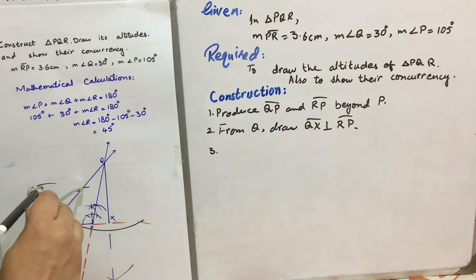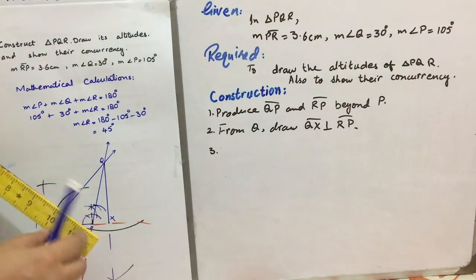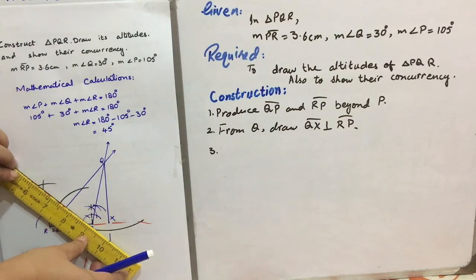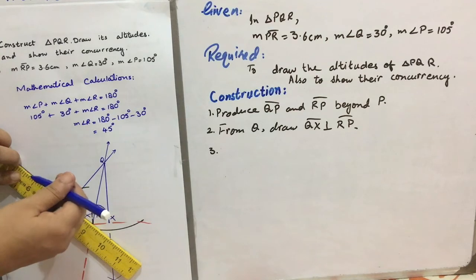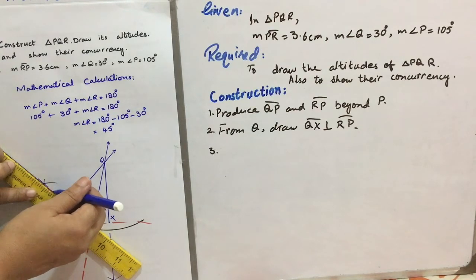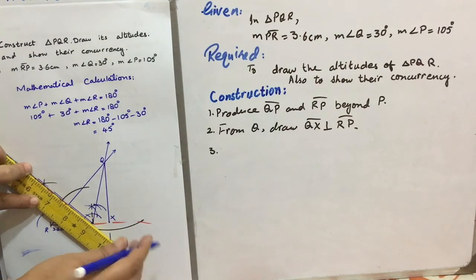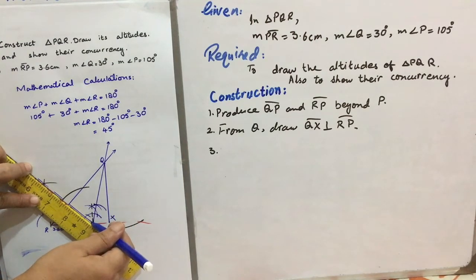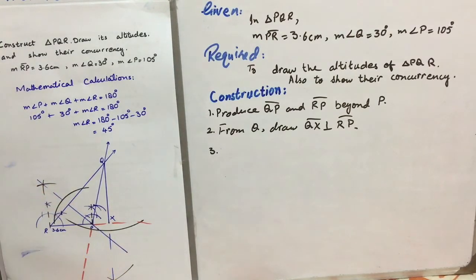With the help of these 2 points, find the center of these points and join P to that point and produce it backward, because the altitudes of an obtuse angle triangle always meet outside the triangle.